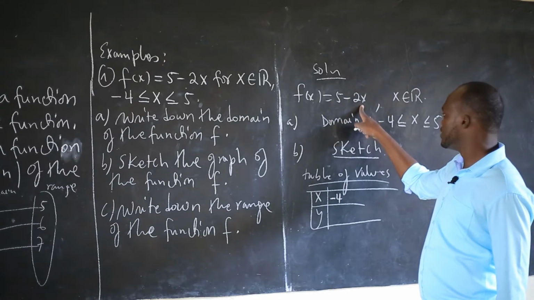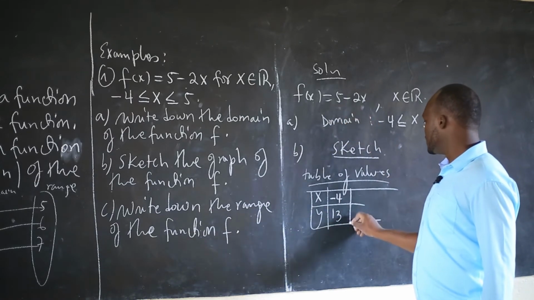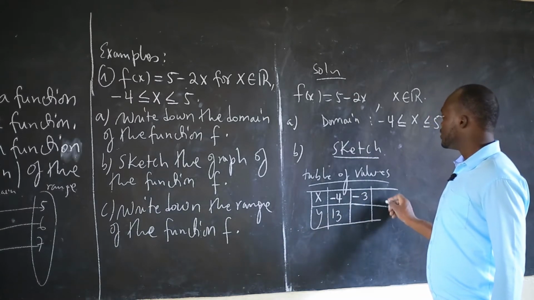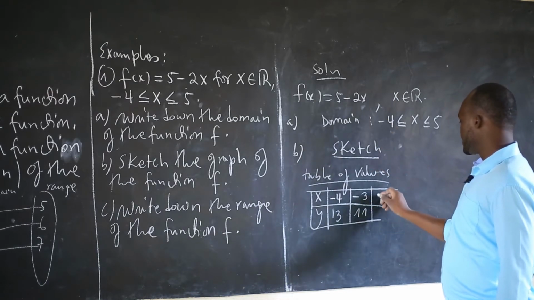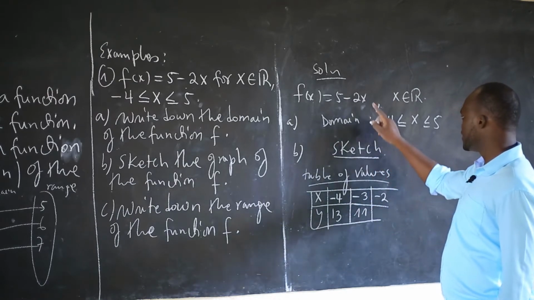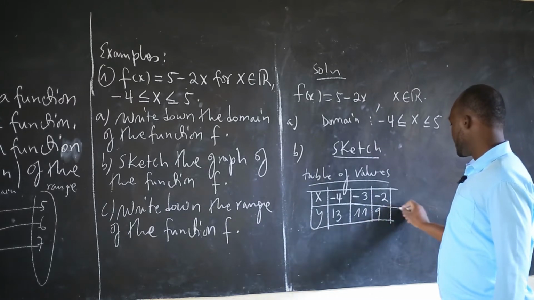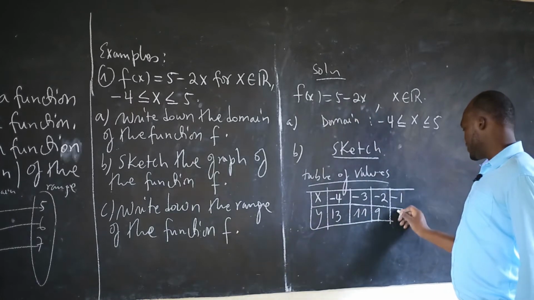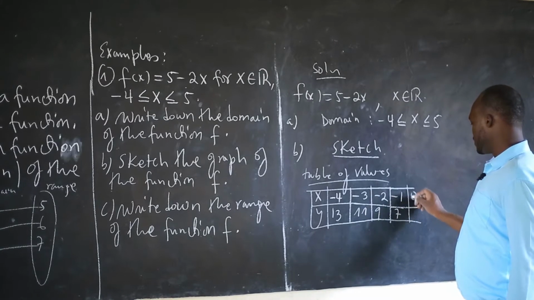When x is negative 4, that is 8, plus 5, that's 13. When x is negative 3, that is 6 plus 5, which means 11. When x is negative 2, that's 4 plus 5, which means 9. When x is negative 1, that's 2 plus 5, that's 7. When x is 0, 5.